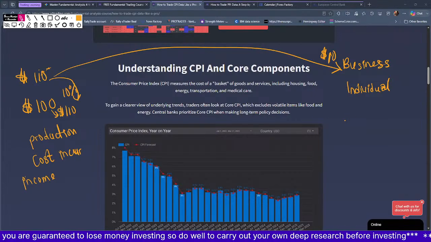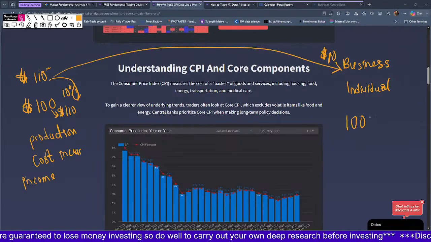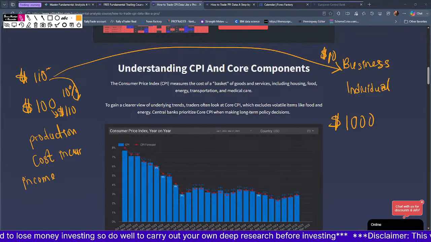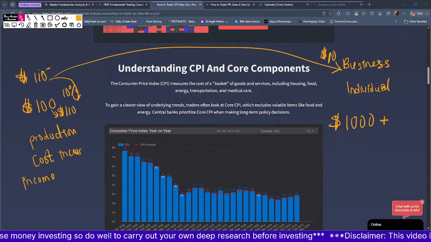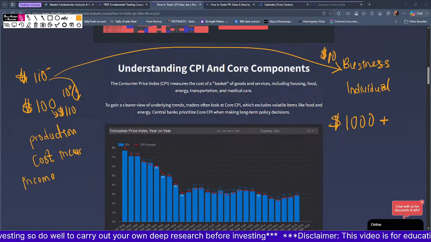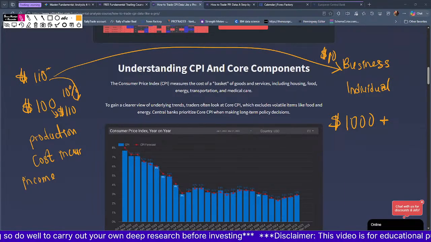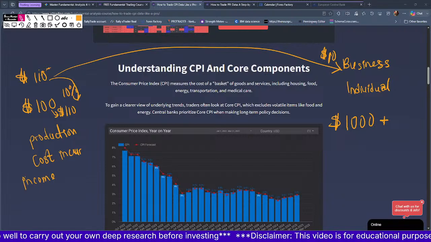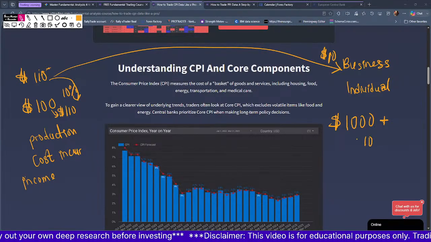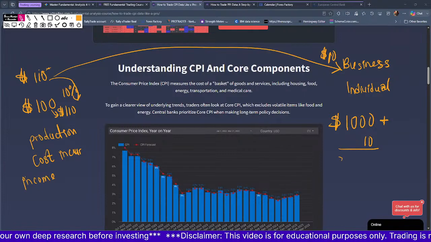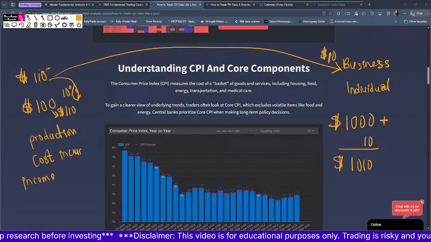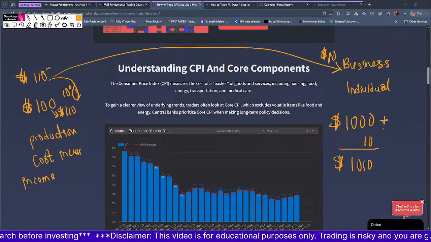Somebody who lends money, let's say he lends out $1,000 to somebody, you expect the person to pay you $1,000 and more. That's standard, right? So let's say you charge 1% of this money. 1% will be $10. So the person is supposed to pay you $1,010 at the end of the period of borrowing the money.